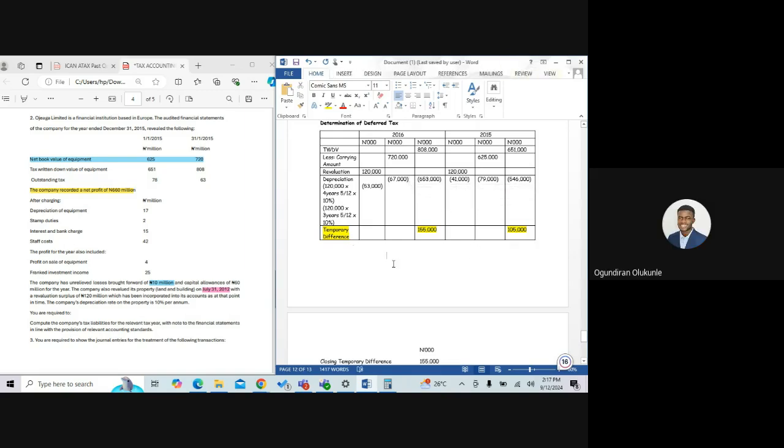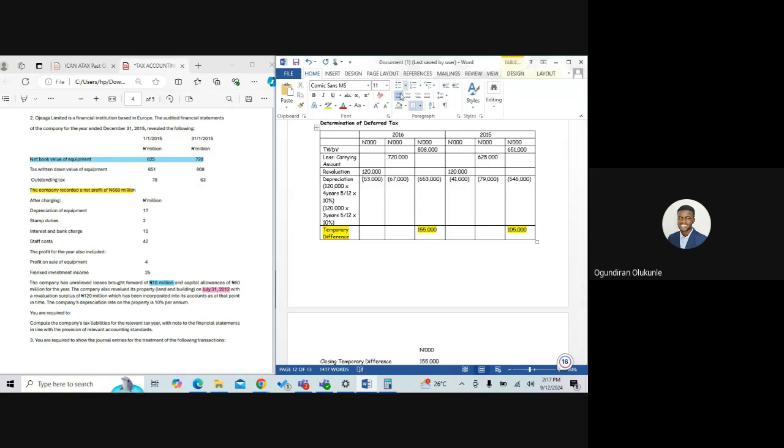So now this is it. Don't forget the journey to getting temporary difference. The journey is you are comparing the tax written down value with the carrying amount, right? So the tax written down value is given, 808 and 651. Then you deduct the carrying amount, right? But don't forget for every carrying amount you are checking was there revaluation during the year. So if there was revaluation, you have to adjust the revaluation for depreciation, right?